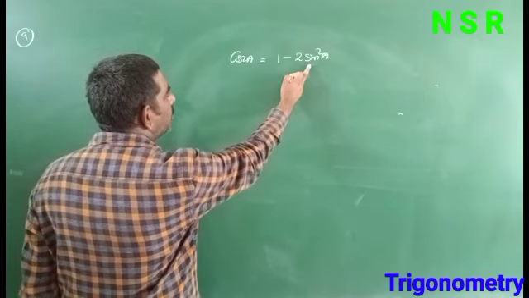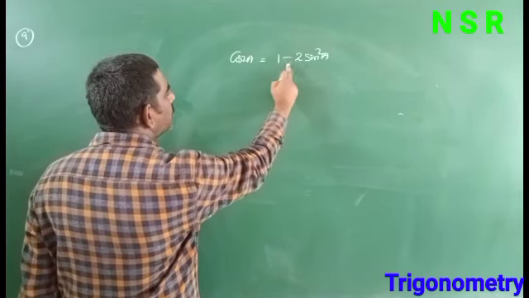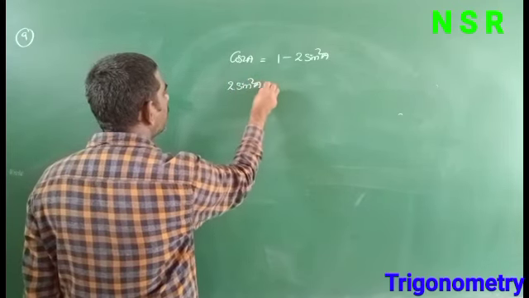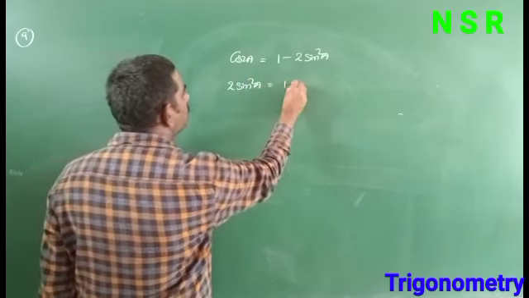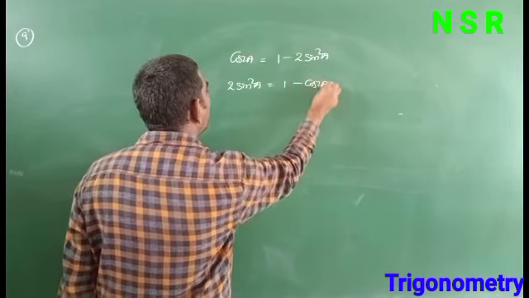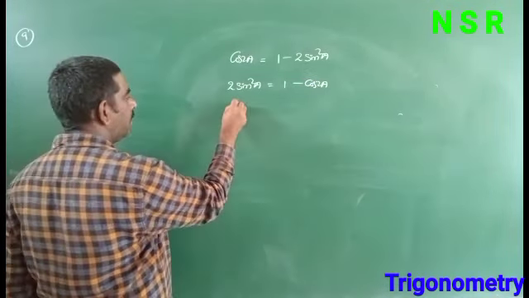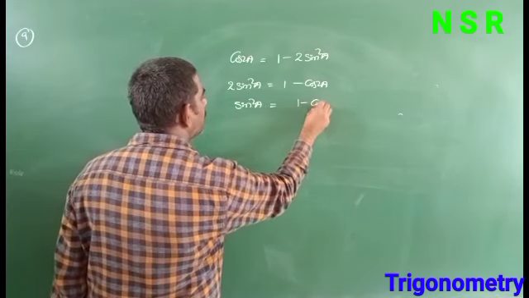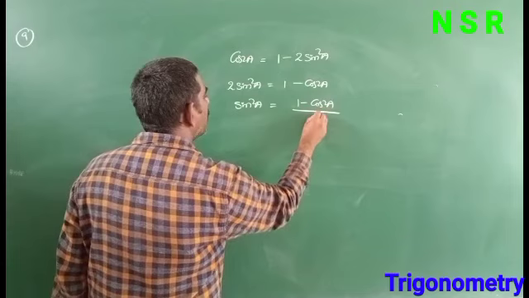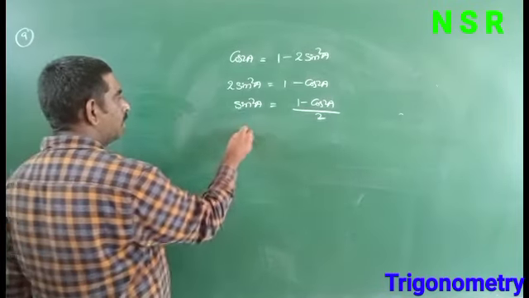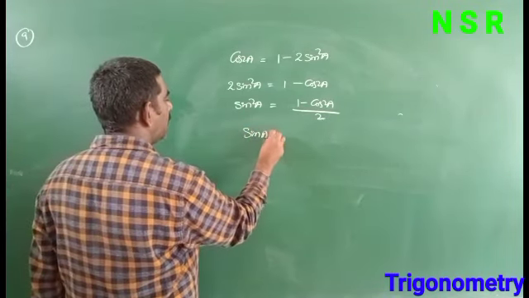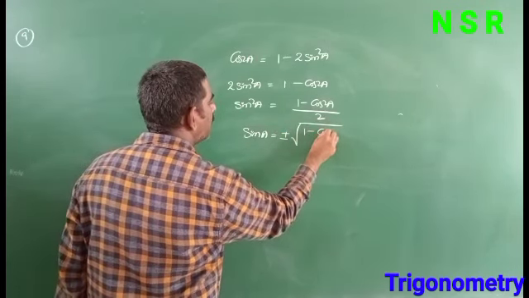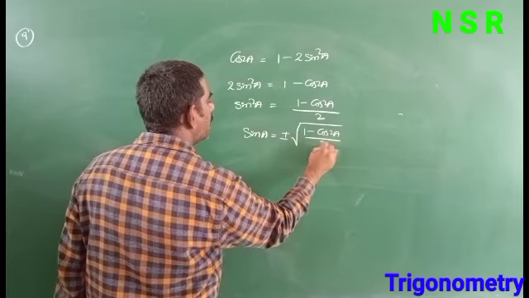So 2 sin square a, move this side, we get plus 2 sin square a equal to 1 minus cos 2a. Next, sin square a equal to 1 minus cos 2a by 2. So we can write sin a equal to plus or minus square root of 1 minus cos 2a by 2.